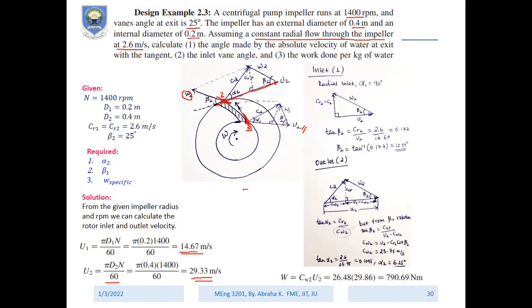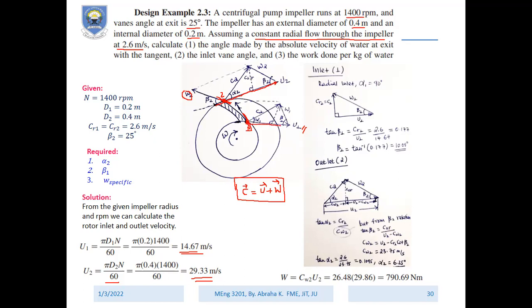We can have the vector C to be the rotor velocity plus the relative velocity, or W. Once we draw U, W follows and C is connected between the beginning of U and the final point of W. Having this relation, now we can understand how to form the parallelogram.